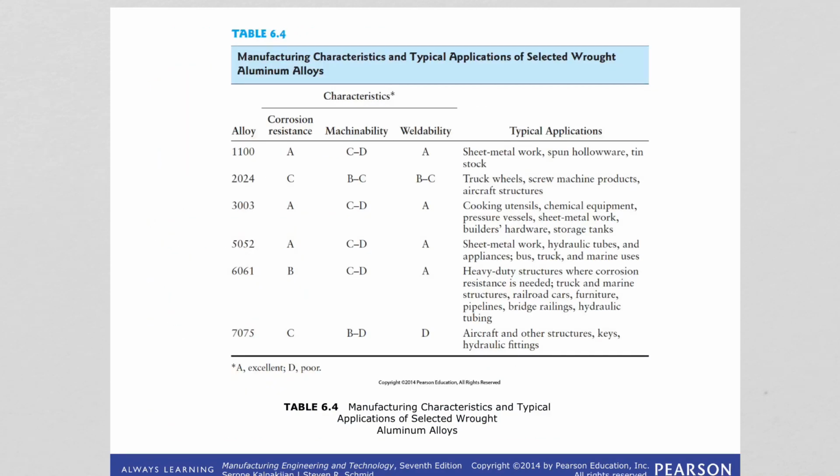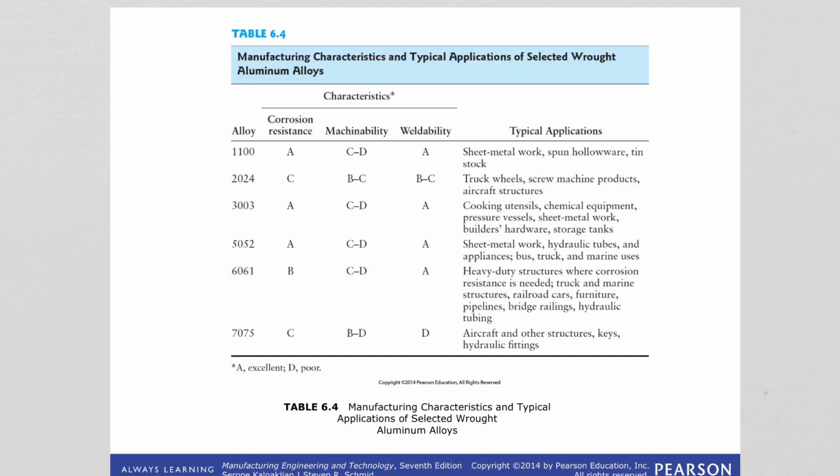So what we are seeing here in this table: manufacturing characteristics and applications of wrought aluminum alloys. As you can see, there are letters from A to D, A being excellent, D being poor.